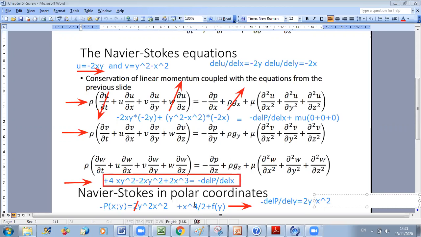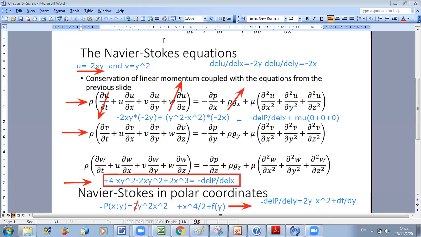The second term x4 over 2, the derivative is 0 because I consider it's a constant. So it remains plus del f by del y, and you can write it, because f is only function of y, you can write df by dy instead of del. Okay? So this is the expression I can get from this one.